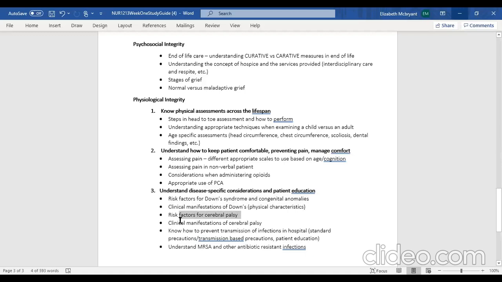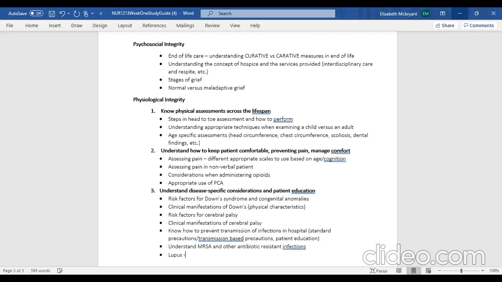Cerebral palsy: what are the risk factors, and what kind of physical and clinical manifestations you may see? You want to know about preventing hospital-transmitted infections, MRSA and other antibiotic-resistant infections.